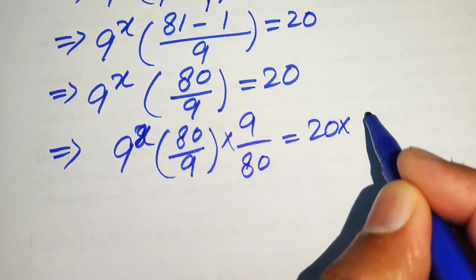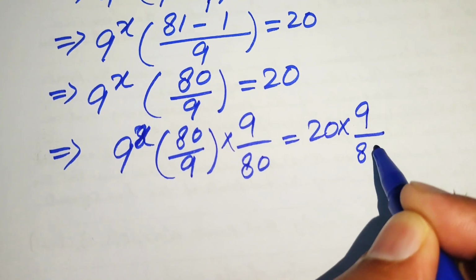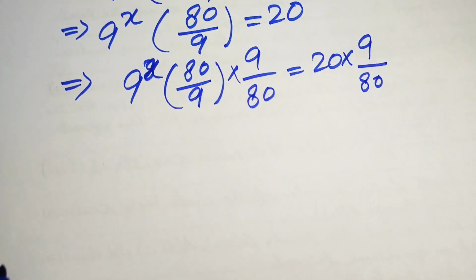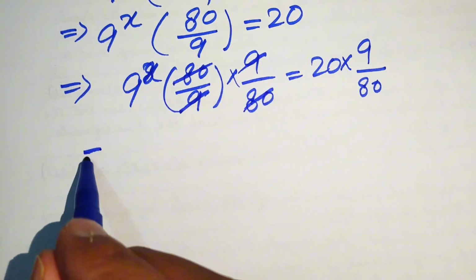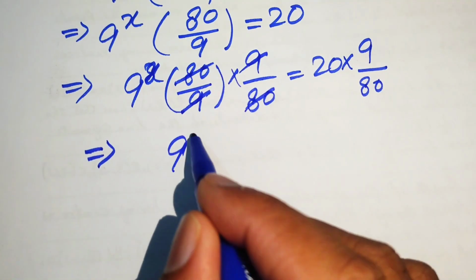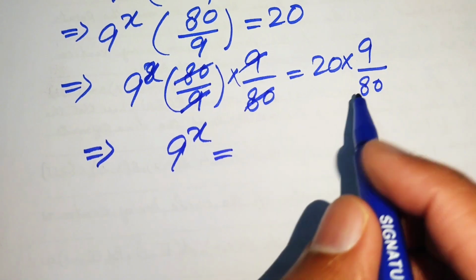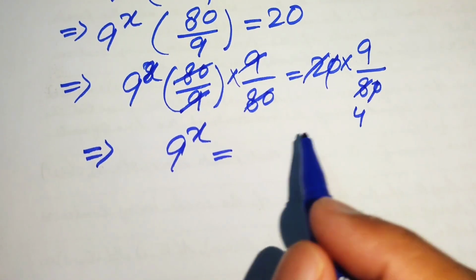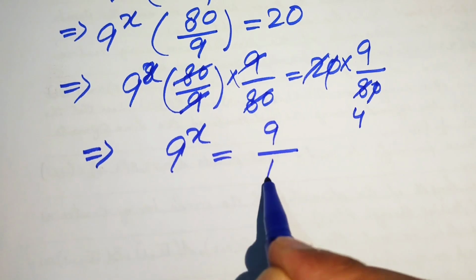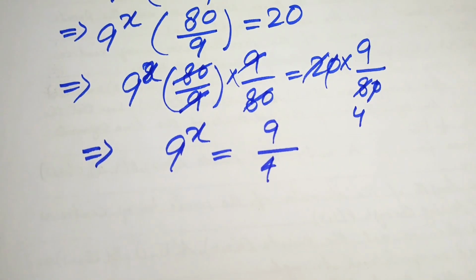Now this 9 is cancelled out by this 9, 80 is cancelled out by this 80, and we get 9 to the power of x equals, this 0 is cancelled by 0 and 2 4s are 8, so we have 9 divided by 4.